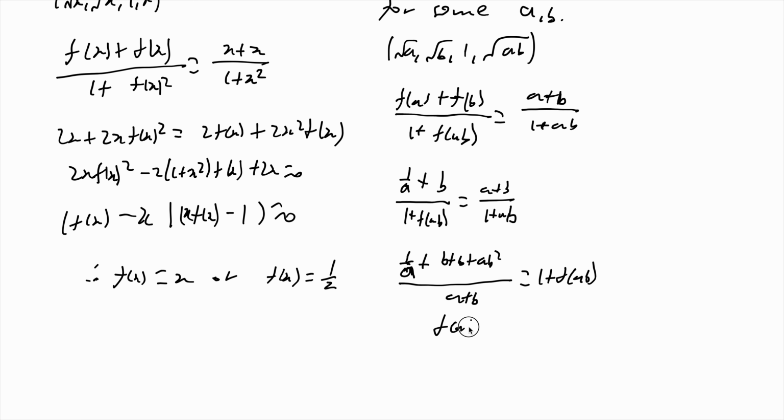So we have f of ab equals 1 over a minus ab, so we can cancel, 1 plus ab squared minus a over a plus b. This looks really messy right now.